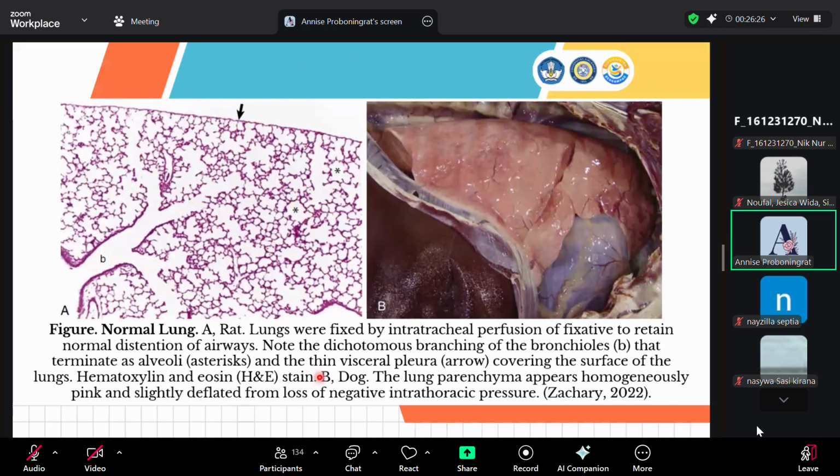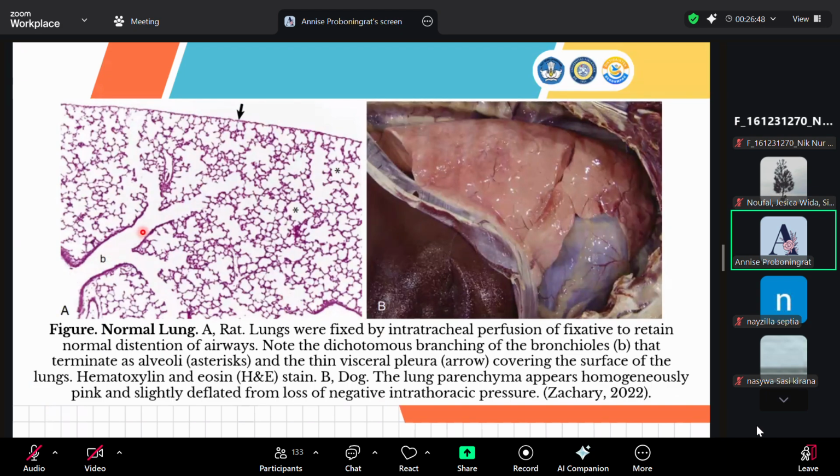And then the microscopic structure. This is the normal histology of the lung. This organ was fixed by intratracheal perfusion of fixative to retain the normal distension of airways.